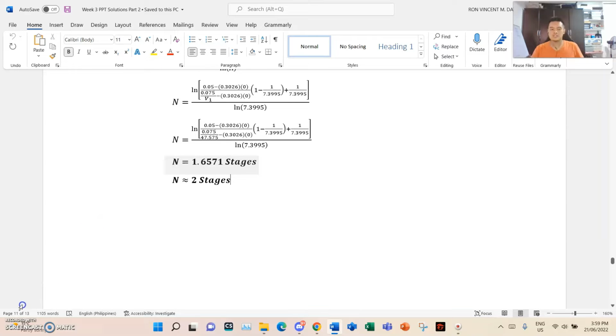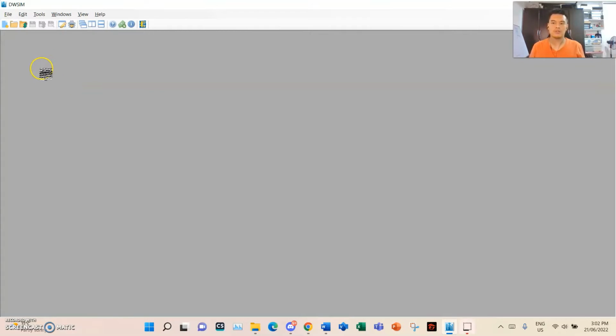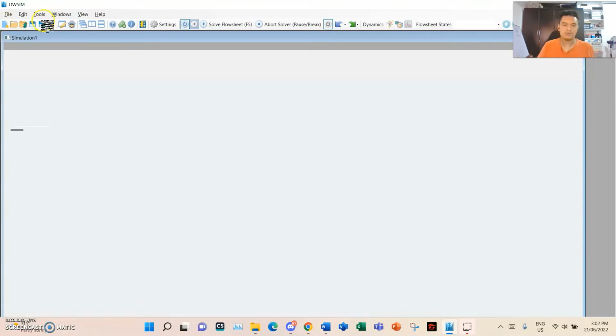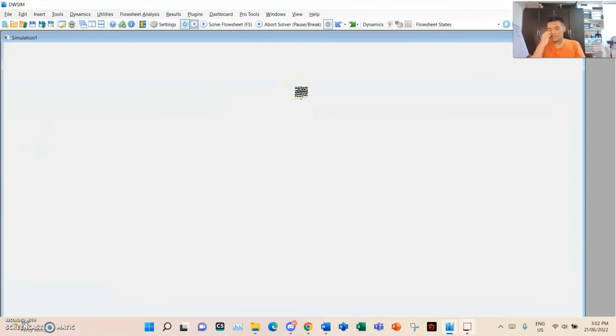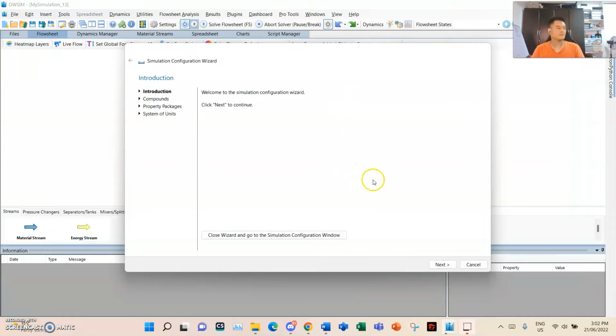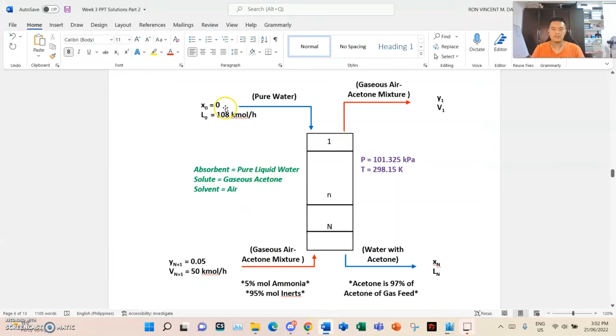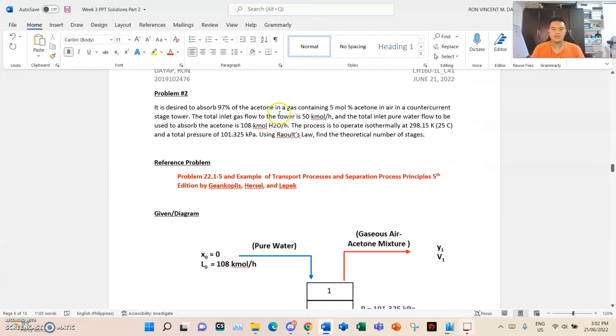To start with simulating in DWSIM, we need to create our new process model. So here, we'll click create new, and we'll wait for it to load. Then we'll do the general procedure of DWSIM. Go to introduction, press next. The compounds, so going back to the problem, the compounds are water, acetone, and air.